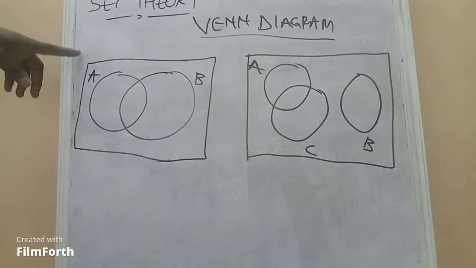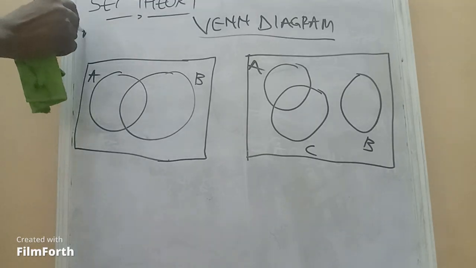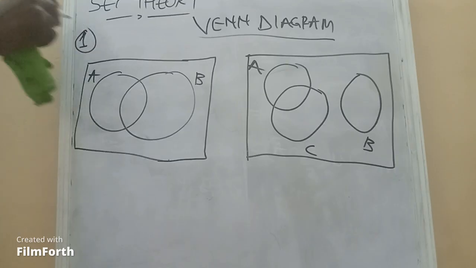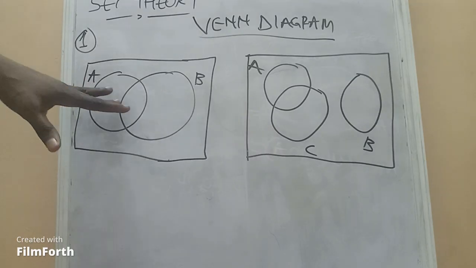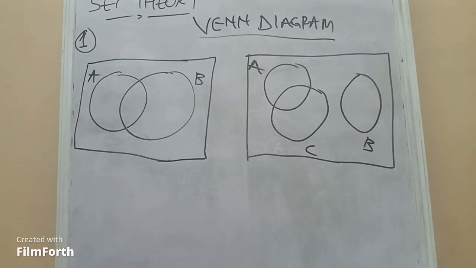Now we have diagram A, diagram 1, having two sets, and the two sets intersect at a particular point, which we don't know. How do we know if two sets intersect?